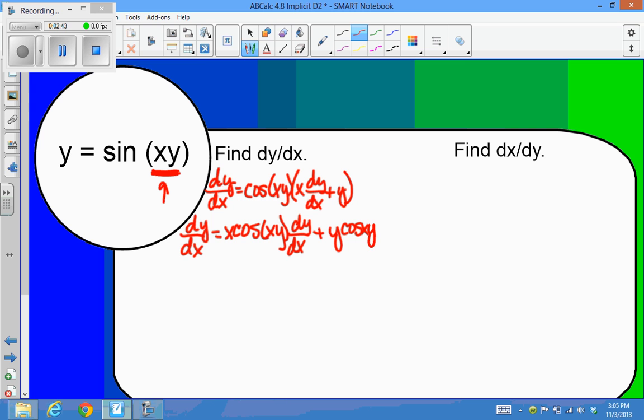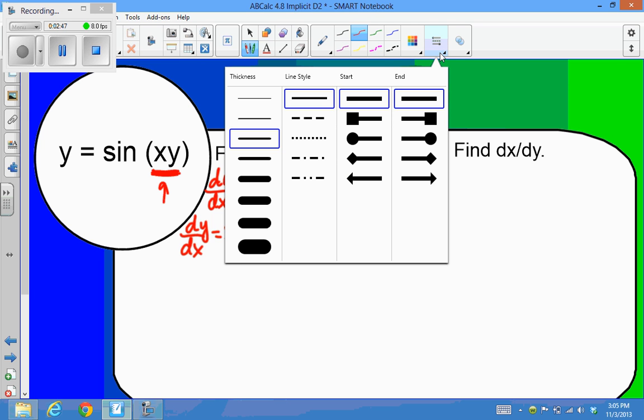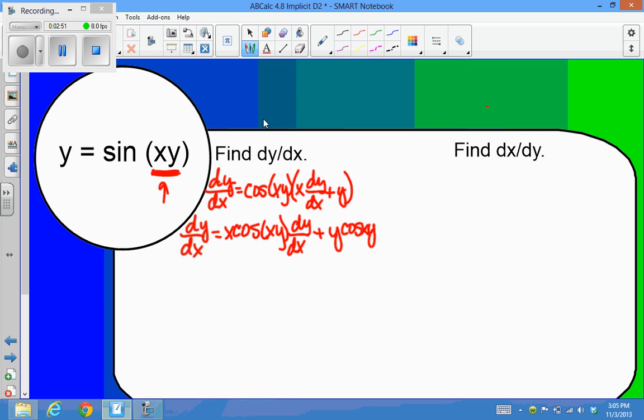Okay, now y'all pause with me because I'm going to make my pen a little bit thinner because it's driving me crazy. Okay. So all my dy/dx terms have got to be on the left. Things without dy/dx have got to be on the right.